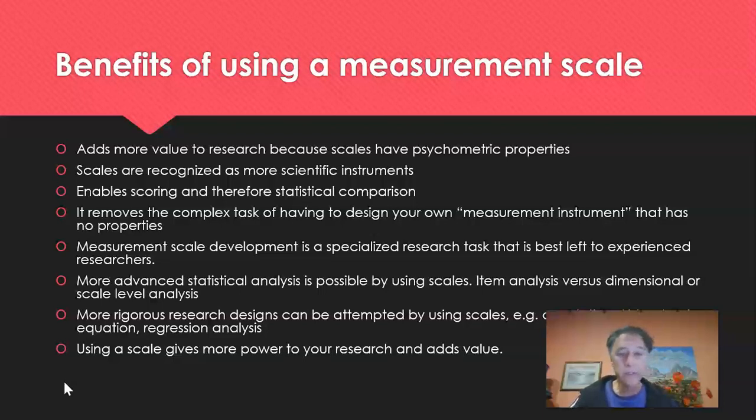You can think for yourself, if you are using a ruler to measure, you are far more accurate in your observations of distance than when you would just guess. All right, and self-developed scales would be guesswork to a large extent. So using a scale removes that complexity of having to design your own measurement instrument that has no properties.